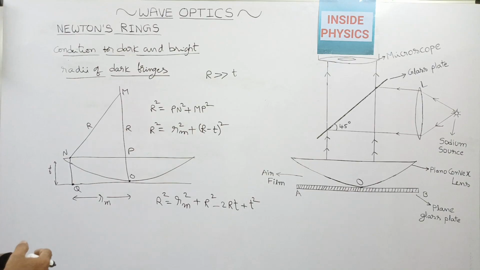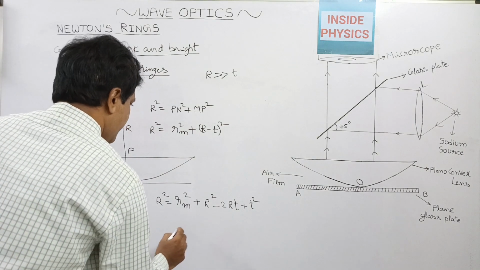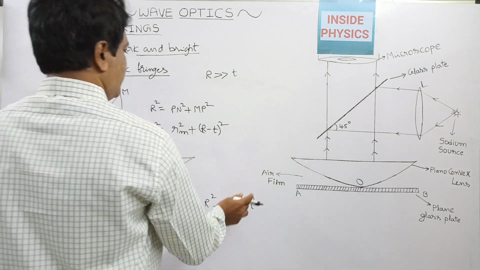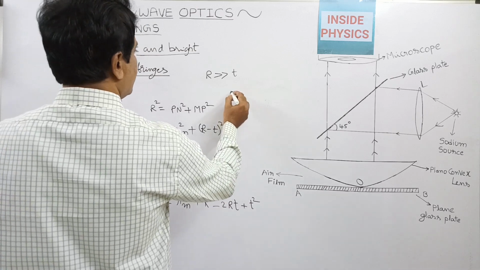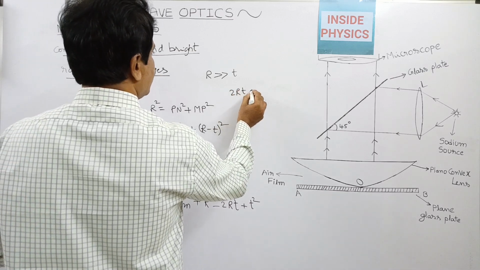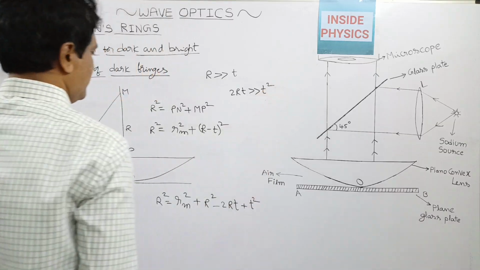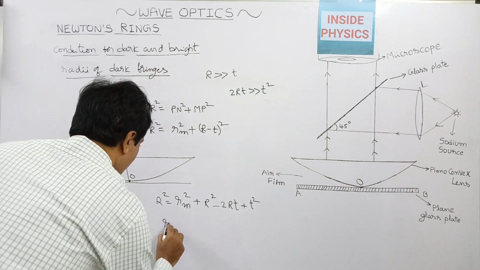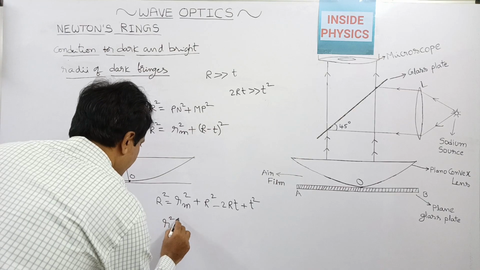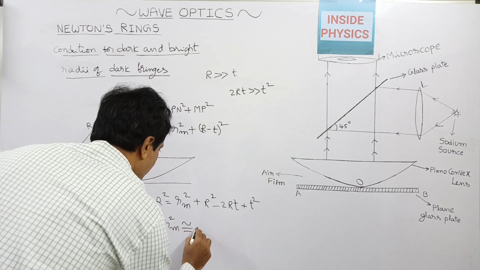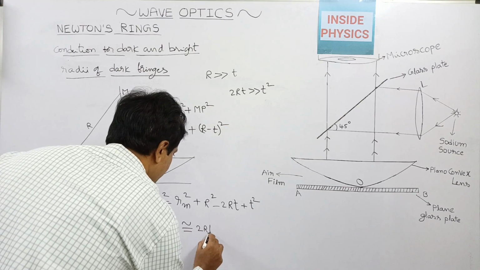Okay, with this what can I write? If these terms are observed, 2Rt is far greater than t square. So we can write here Rm square is nearly equal to 2Rt.